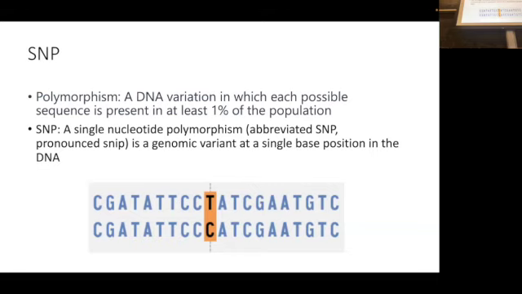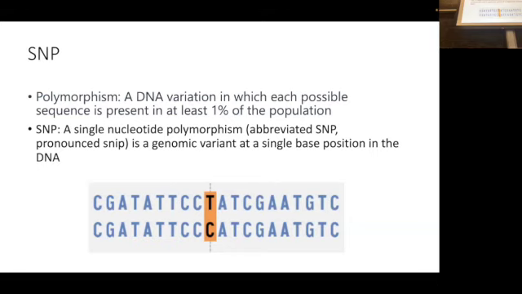Yeah. So this is called allele frequency. Assuming 1,000 people are sequenced, among 1,000 people, 900 have this C allele, and 100 have the T allele.